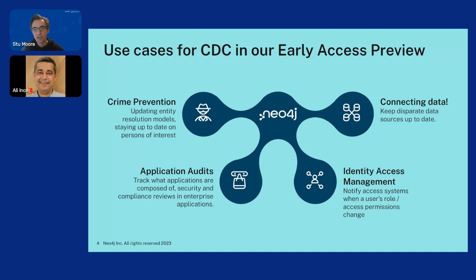This could include Elasticsearch for enterprise search systems, or feeding results into a reporting system like Snowflake. Others are creating applications that audit their application development in-house as they go through change control or security reviews, and managing identity and access management in buildings and systems. Lastly, one of our partners, GraphAware, has integrated CDC into Hume for their crime prevention use case.